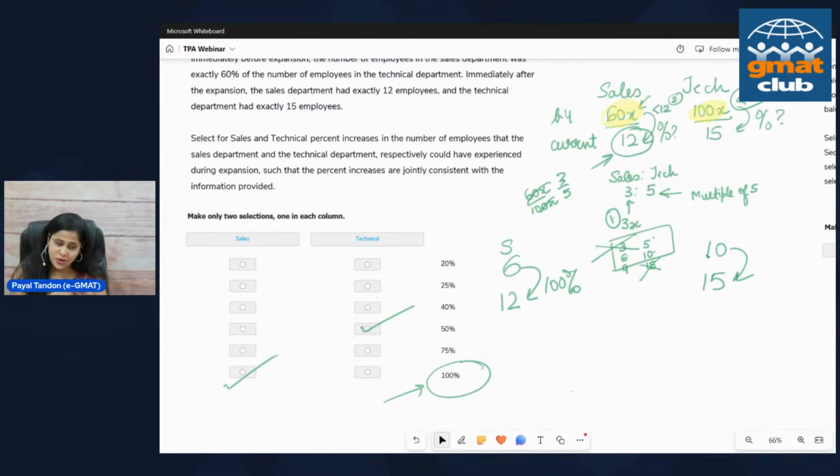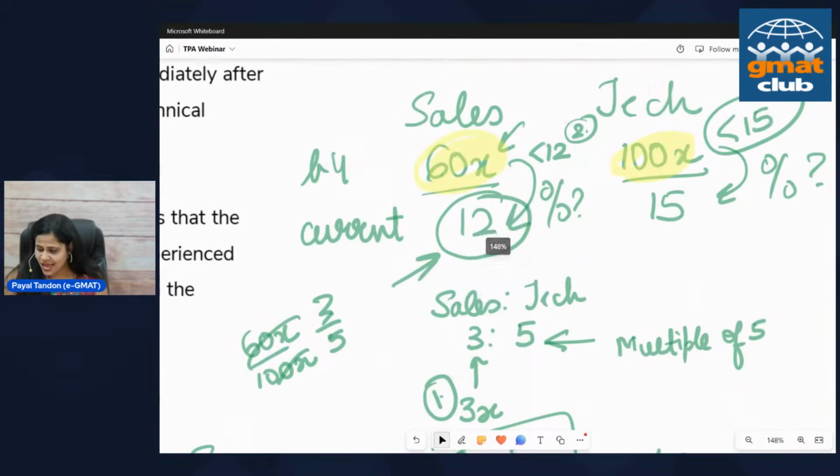Absolutely, Edward. First draw the inference and then look for the answer. Because as you build that skill, you will be able to find so many opportunities that right away, you won't even look at the choices. As soon as you see this 60x and 100x, you're going to draw the inference that 60x means the sales number was a multiple of 3, and the tech number was a multiple of 5.